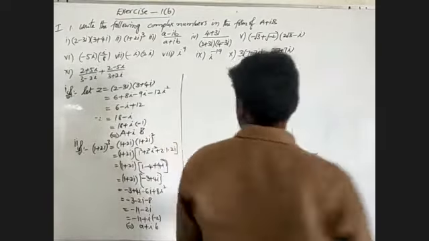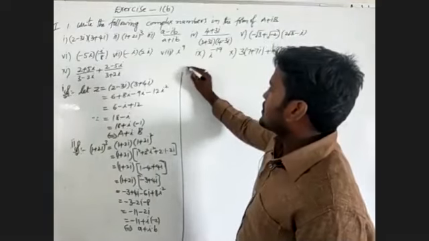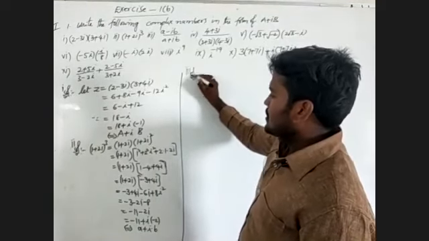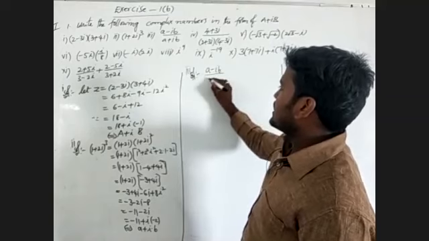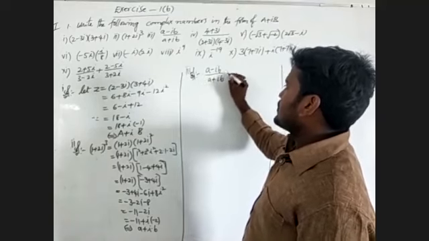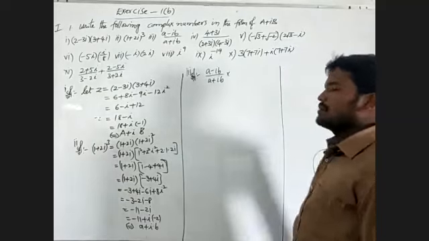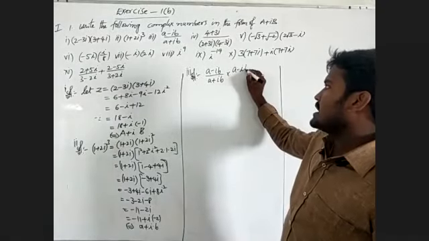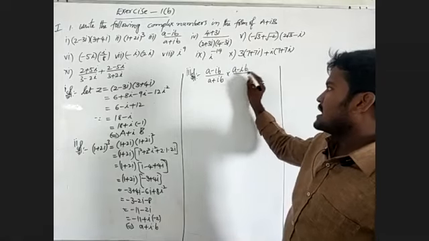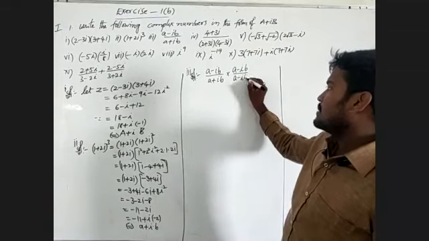Now I am going to the third problem. What is the third problem? A minus ib by a plus ib. First I will write the conjugate of a plus ib, which will be a minus ib. Rationalizing, the conjugate of a plus ib is a minus ib, so we write a minus ib by a minus ib.